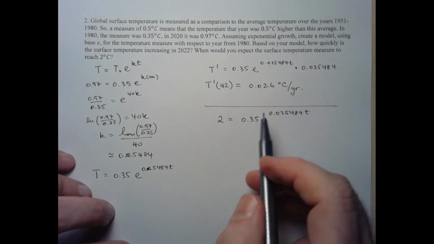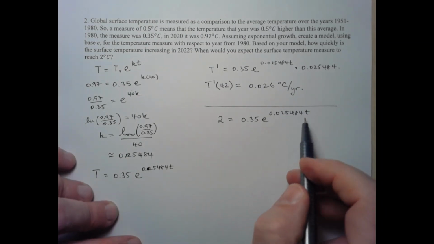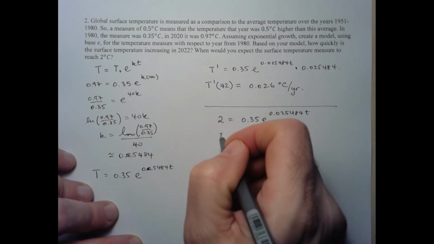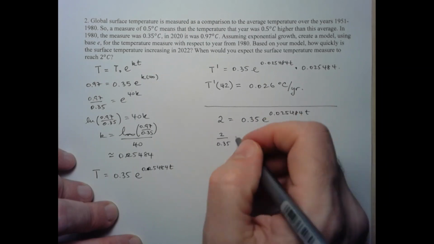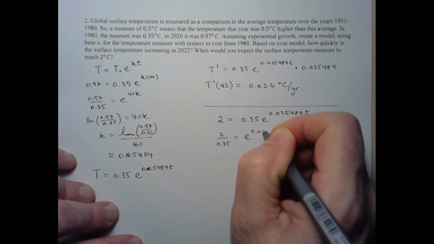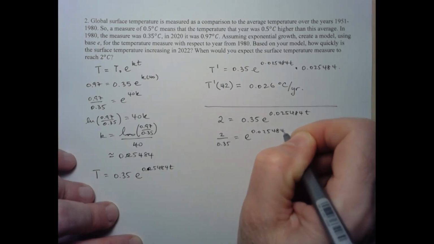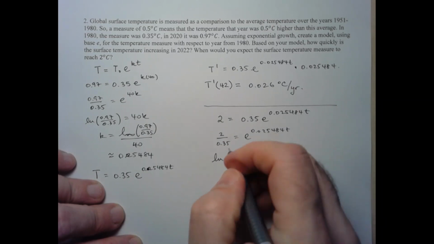Okay, and of course, in order to solve an exponential equation, step number 1 is to isolate that exponential expression. So I've got 2 divided by 0.35 equals e to this whole thing. We're going to take the natural logarithm on both sides.